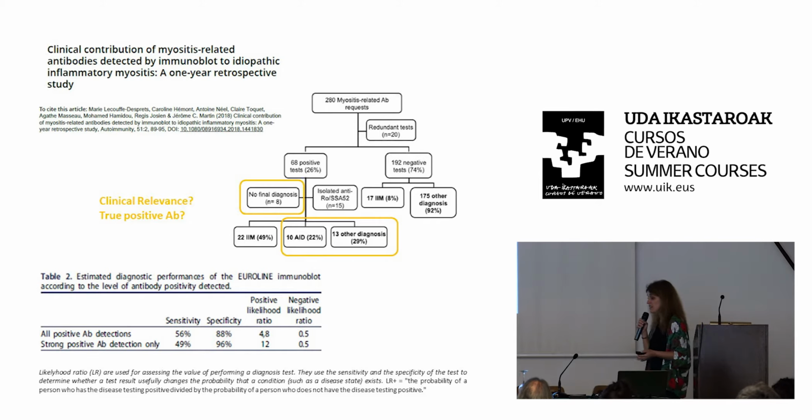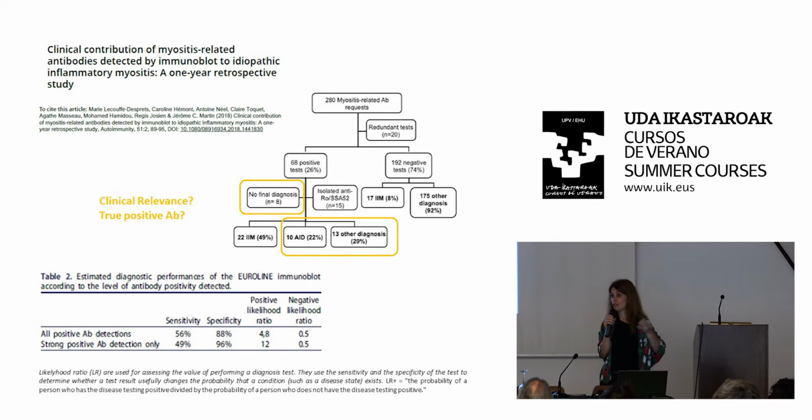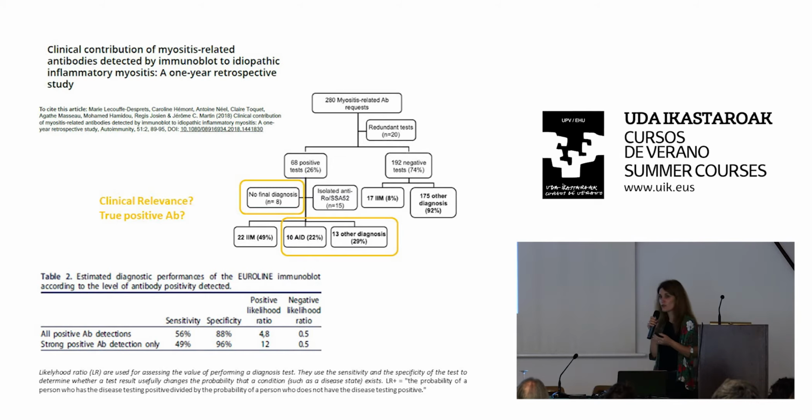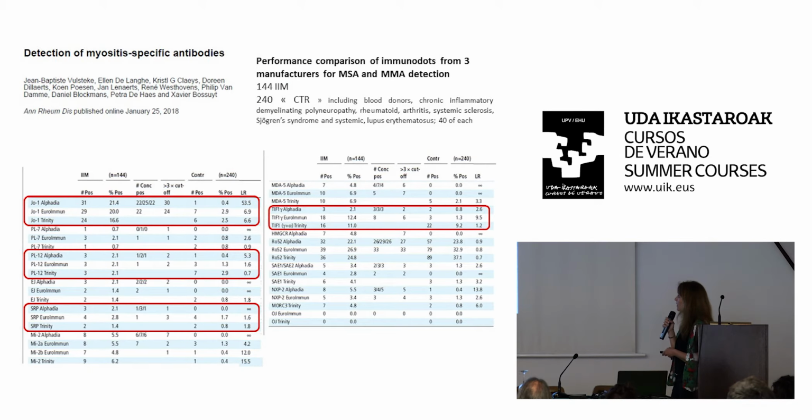So weak signal seems to be non-specific, but maybe the patient had corticosteroids, which is why the level of antibody dropped and allowed the detection of only weak positive signals. So it's not so easy to say that only the strong positives are interesting and the weaker ones are not interesting for diagnosis. That's not true.